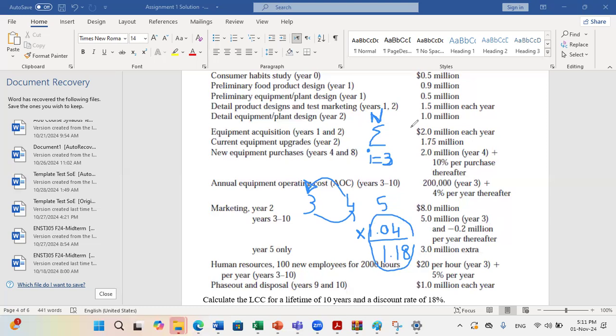So I have my cost. The cost that I have is, let's say here, 0.2. And this 0.2 will be times 1.04.